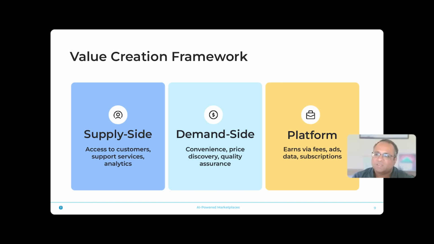From the demand side, as a customer, I come in, I need to think about the convenience that you're adding, how easy it is to discover pricing for services, and what your assurance for quality is. So here also AI can play a fantastic role. For example, on quality assurance. Even 18 months ago, making sense of video data was very, very hard. Now you have so many players in this area.